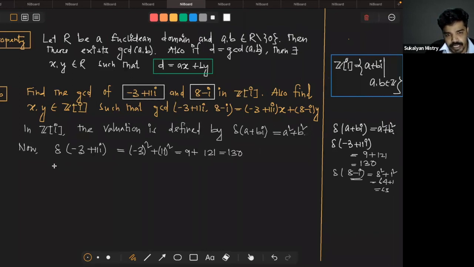Take delta of 8 minus i: here a is 8, so 8 square plus b is minus 1, so minus 1 square, 64 plus 1, that is 65. So we see that 8 minus i is smallest, and minus 3 plus 11i is largest.